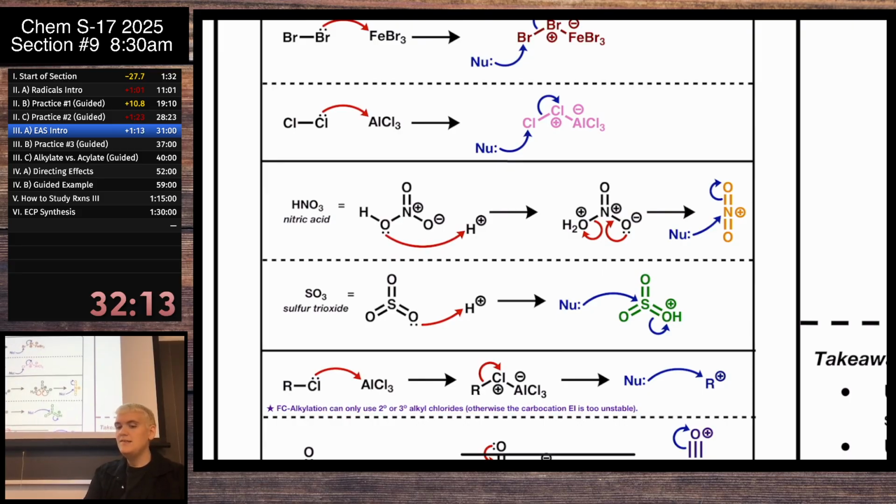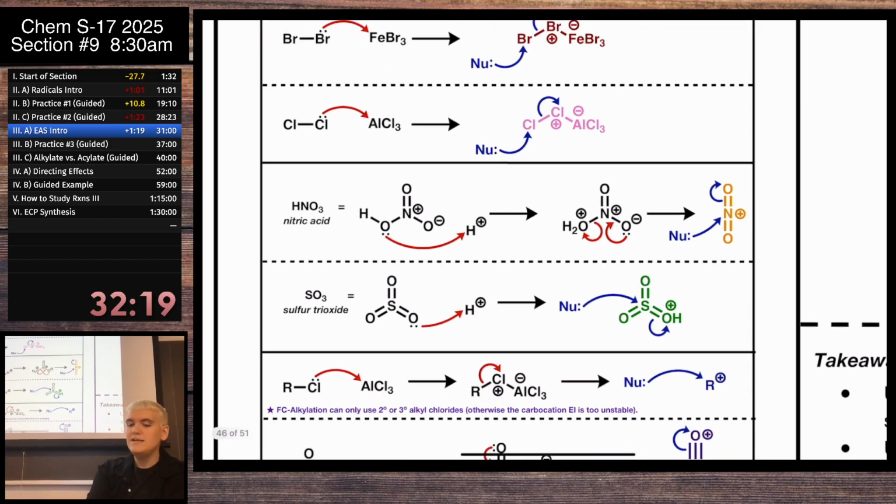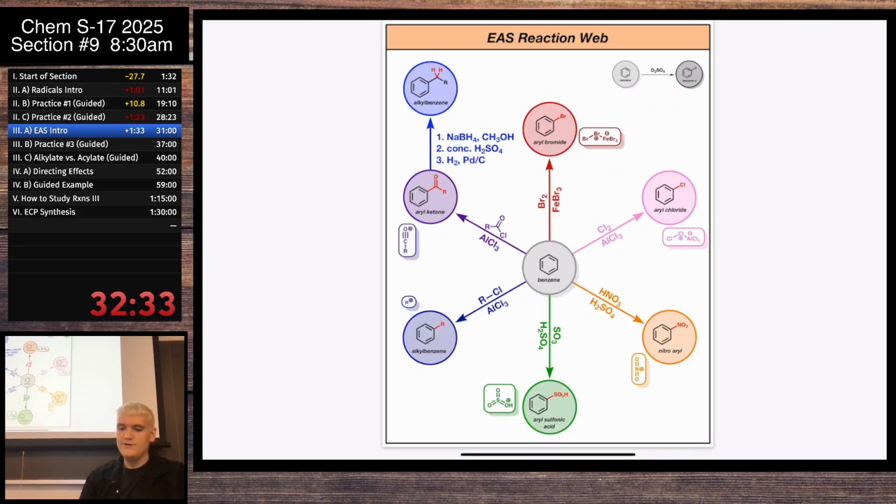But this is all thinking at the mechanism level. At the line reaction level, we'll talk about it in a minute. But we do need a strong acid in order to protonate nitric acid. And to protonate sulfur trioxide, we need something that's a really great acid as well. So, well, actually, we can go and look at it now. So I made a little reaction web for you.